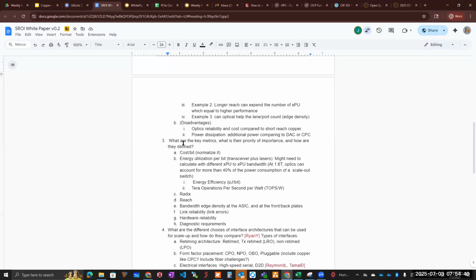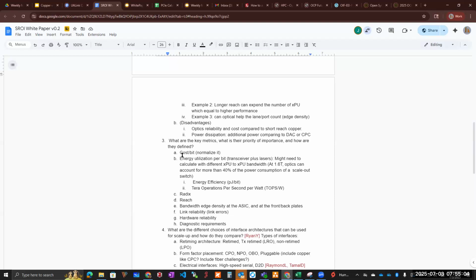And then in order to measure that, we go into the key metrics, right? So these are the key metrics. I put together the two outlines into one.